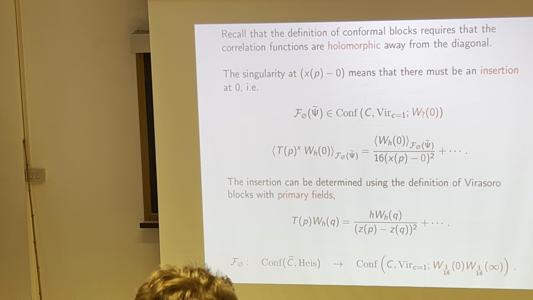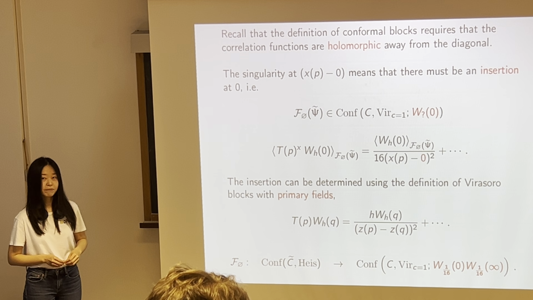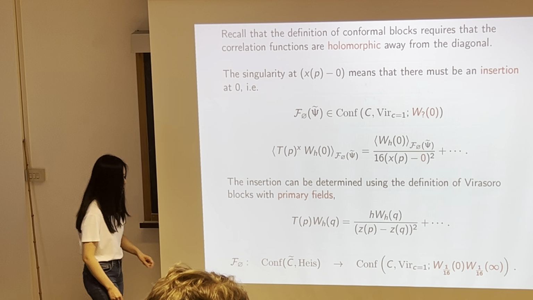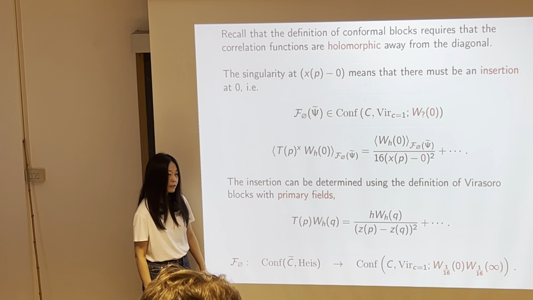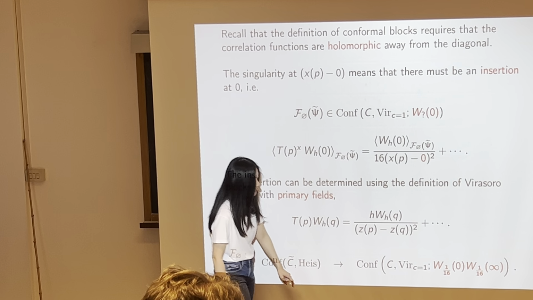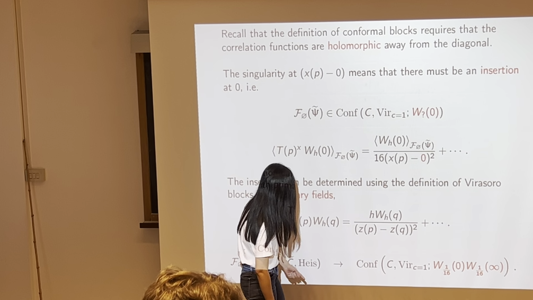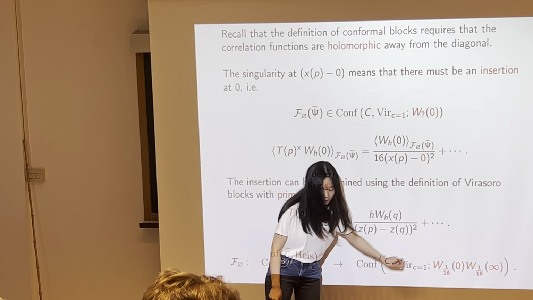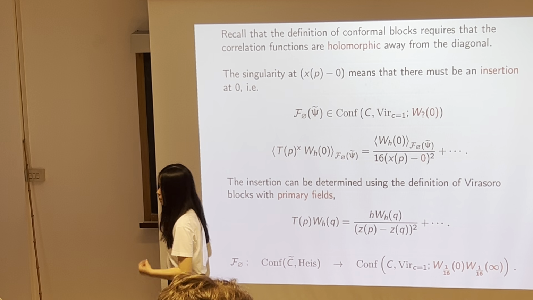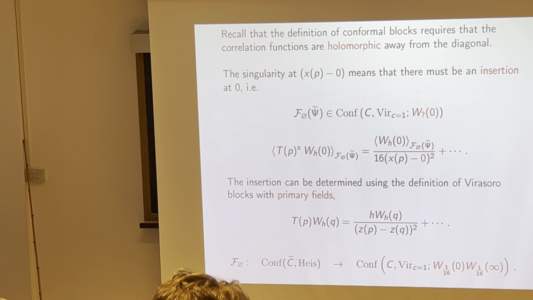And actually, the same thing will also happen at the other branch point, which is this infinity point. So if we simply use this dictionary, instead of a map to the vacuum Virasoro conformal blocks space, we actually get a map into this Virasoro c=1 space with extra insertions of W_1/16 at each branch point.